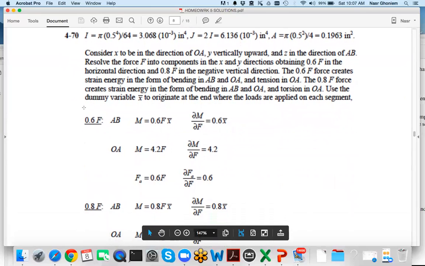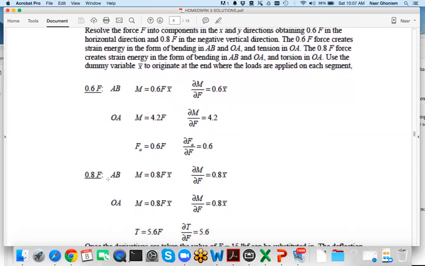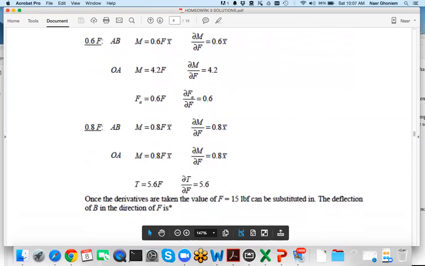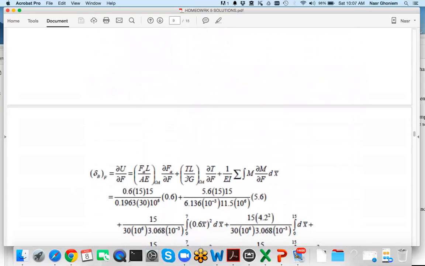This is just due to the horizontal component, which gives you an axial force. So you have both a moment and an axial force, and both of them you're going to use in the displacement calculation. The same thing applies for the vertical component of the force, and then we start assembling.